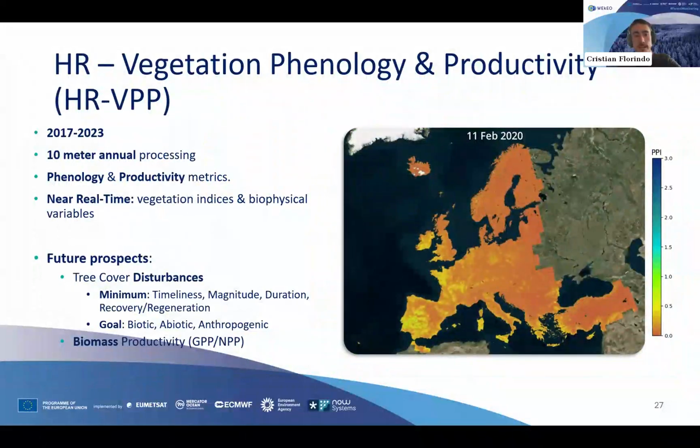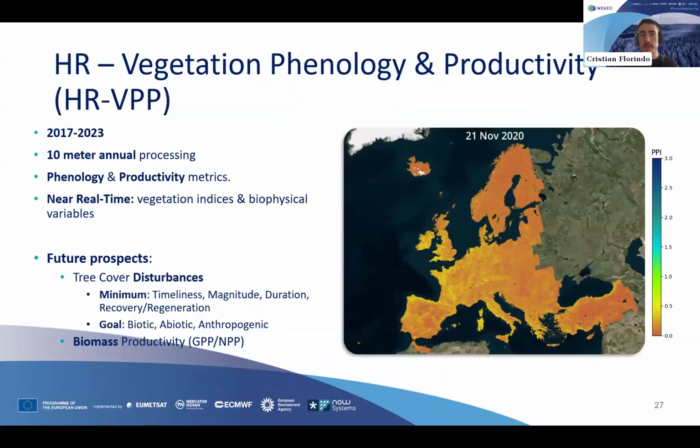The next data set that we will be talking about, and there's a small delay, here we go, is the high resolution layer for vegetation phenology and productivity, spanning from 2017 to 2023, but there's also some information from 2024, I believe, already. Yes, because it's near real time.